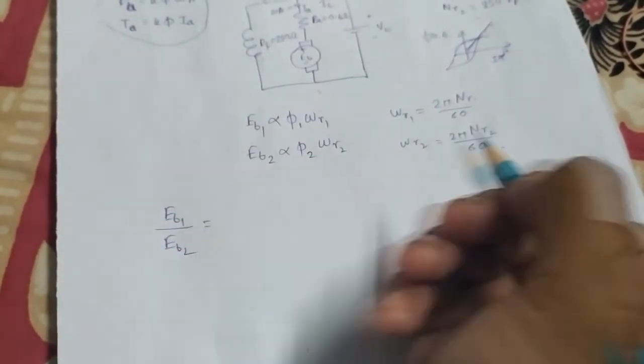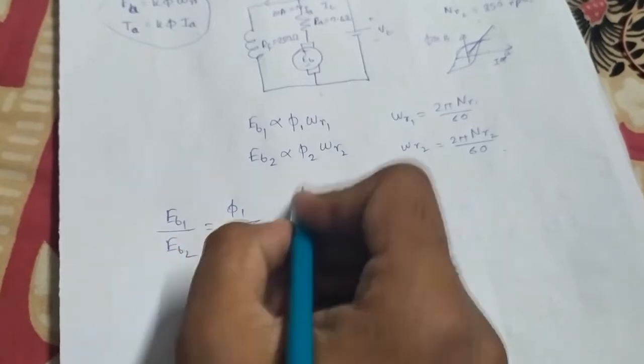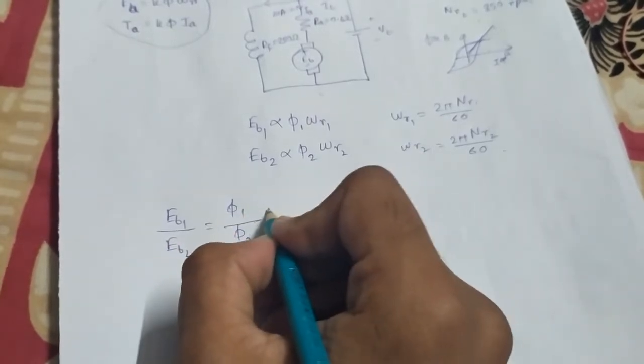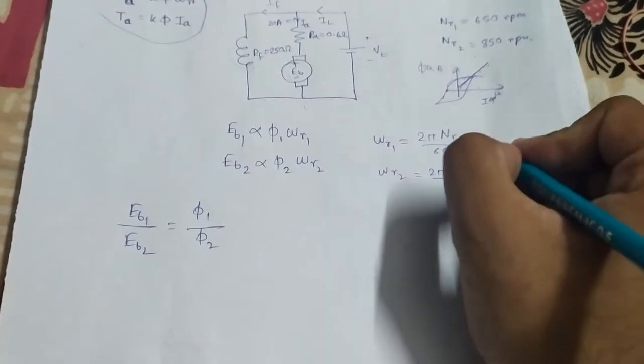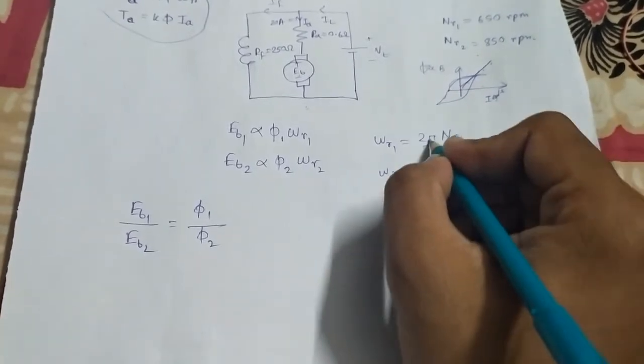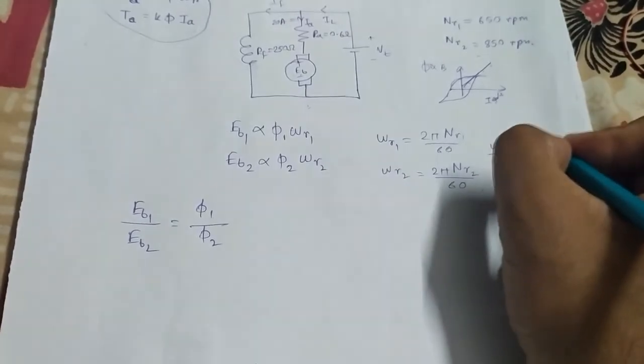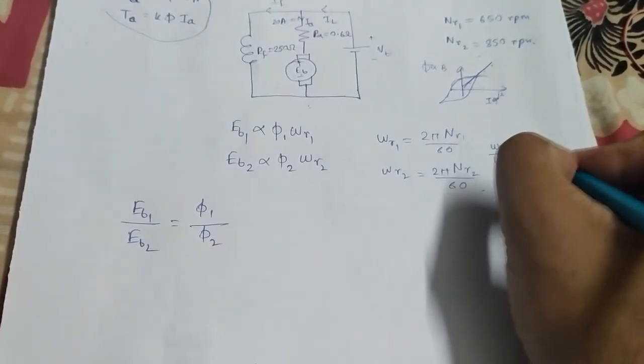What will happen? Phi 1 divided by phi 2, and omega r1 divided by omega r2. If we do this, 2 pi will get cancelled and 60 will get cancelled. So the remaining will be NR1 divided by NR2, right?